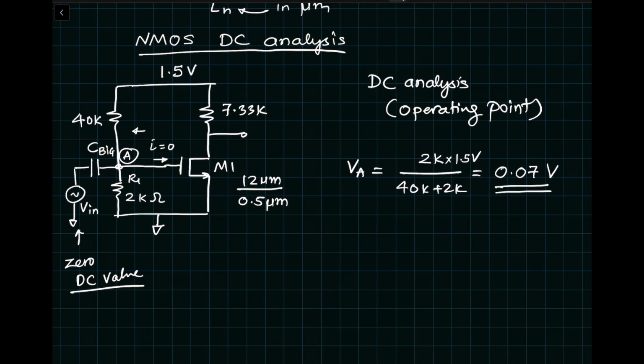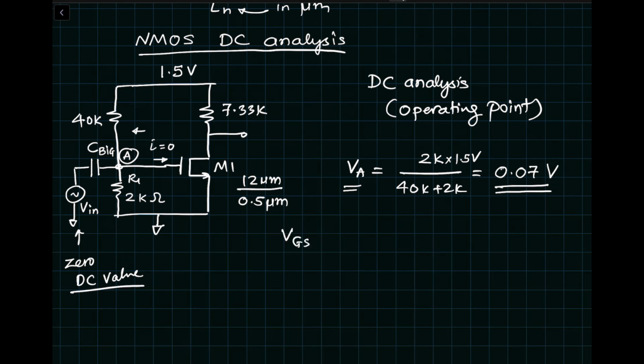However, since the current flowing through that Thevenin resistance is equal to 0, the value VA voltage will be applied directly to the gate. What do you think will happen with VA of 0.07 volt? Which mode of operation is the MOSFET M1 going to be in? I would like you to think about it for a second before I give you the answer.